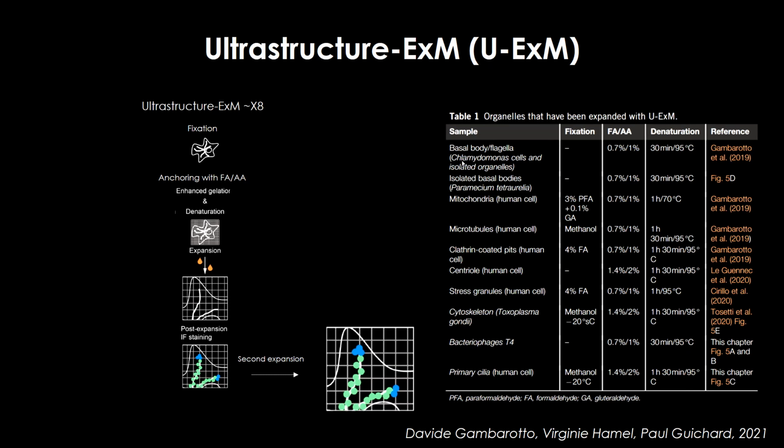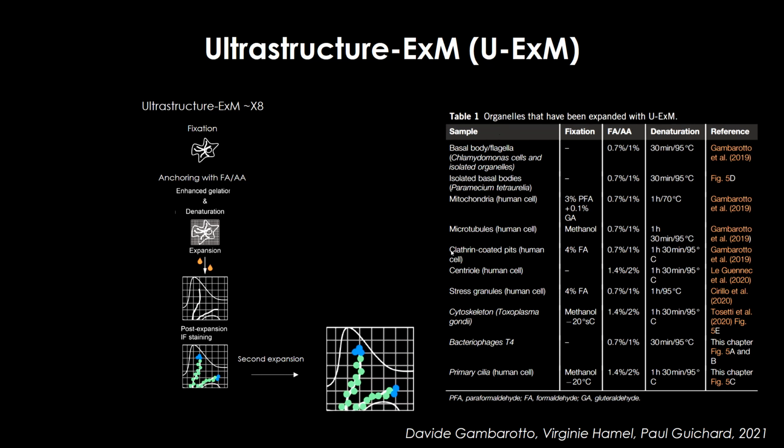Also, this protocol was published, and it has different anchoring and different fixation methods for different organelles or samples that someone would like to visualize. For example, for mitochondria, the one that I wanted to visualize, I used PFA with glutaraldehyde.